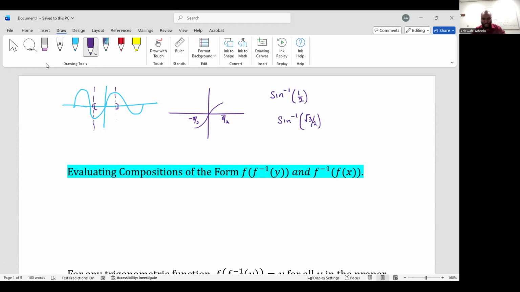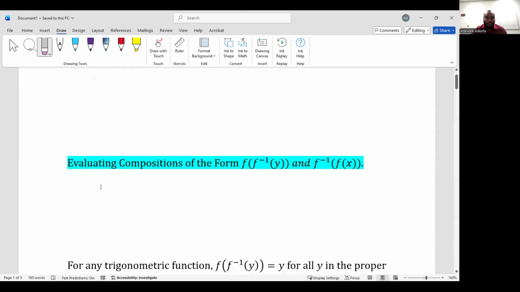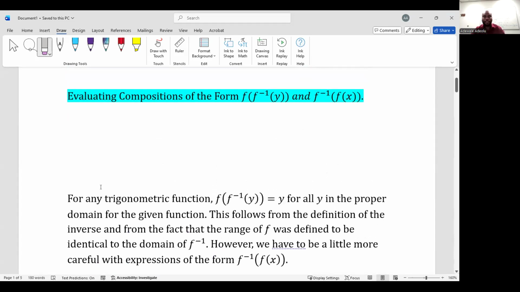Today, we want to proceed by using the same idea. However, now we want to look into compositions of trig functions. Now, to start this, let me remind you of something you have learned in the past.